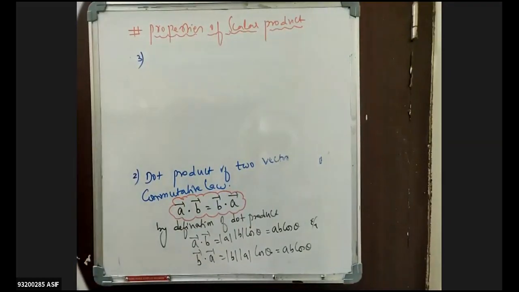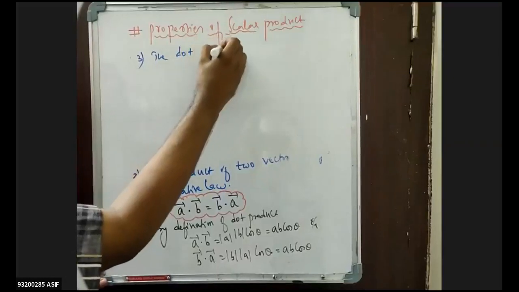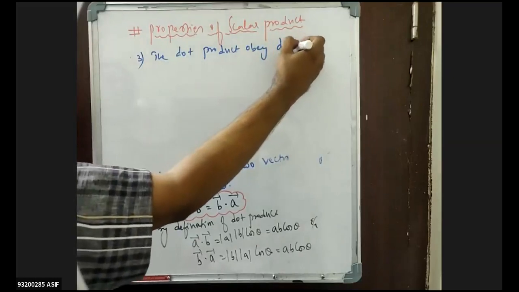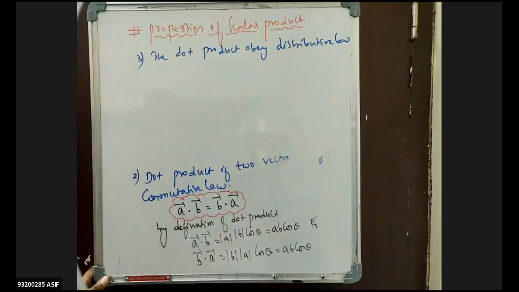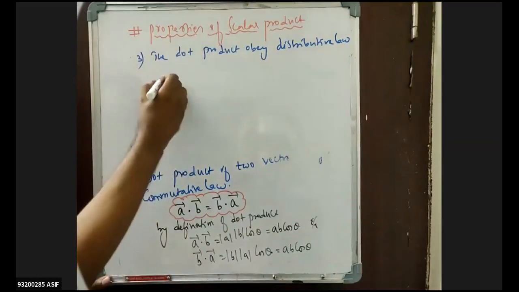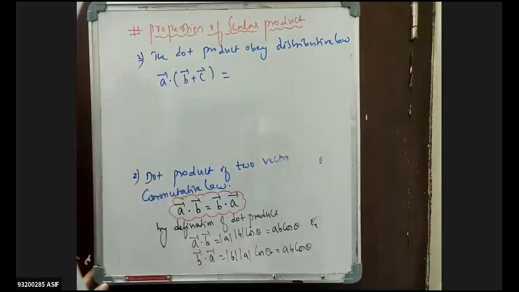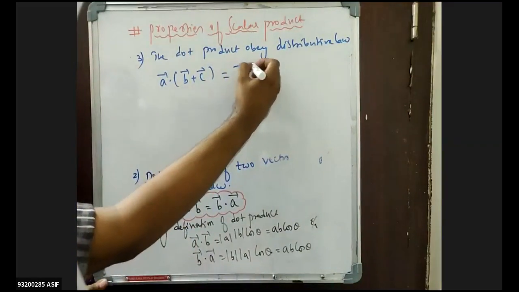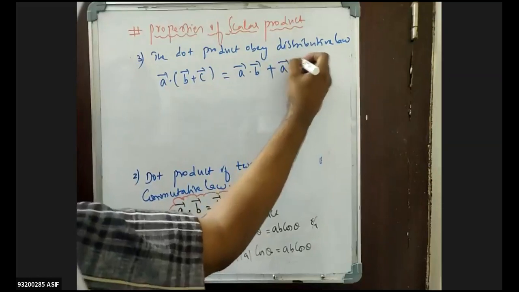The third property says that the dot product also obeys the distributive law. I hope you remember this from your school days. What do we mean by the distributive law? a bar dot (b bar plus c bar) is equal to a bar dot b bar plus a bar dot c bar.